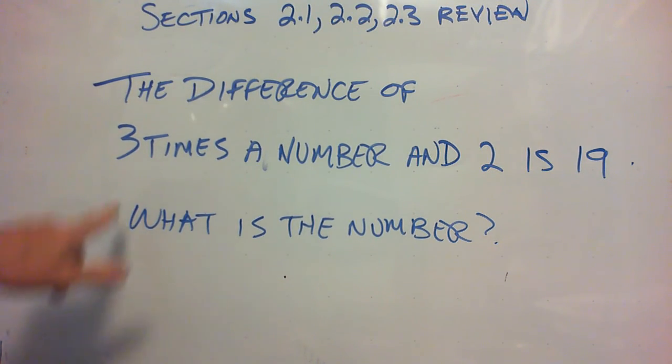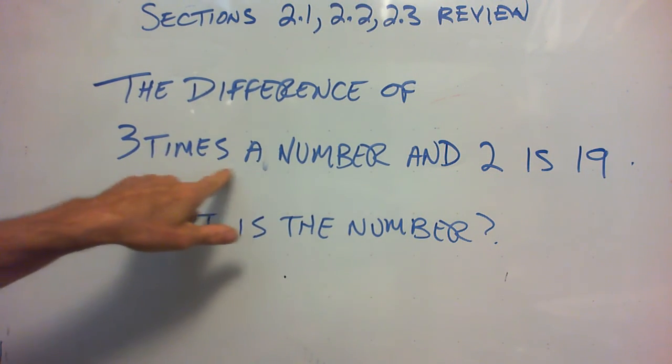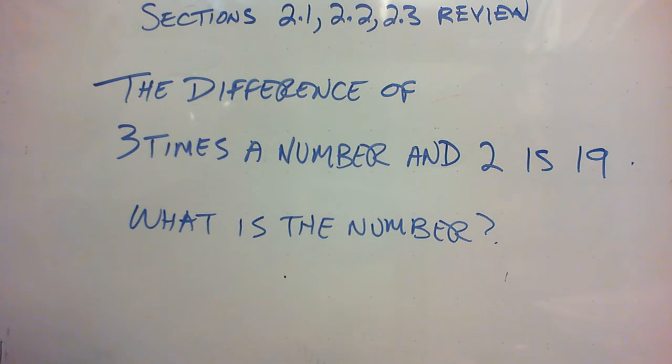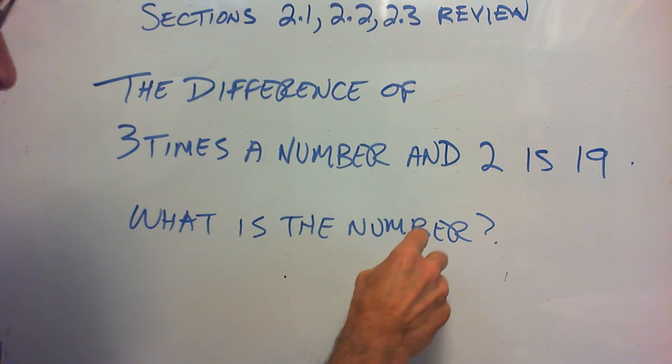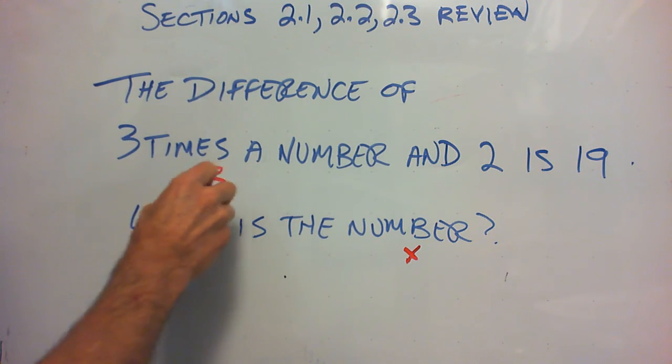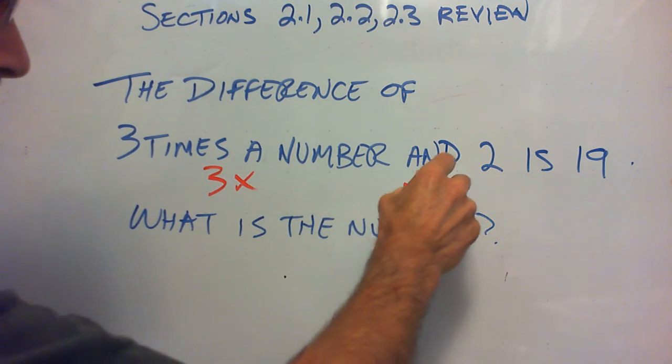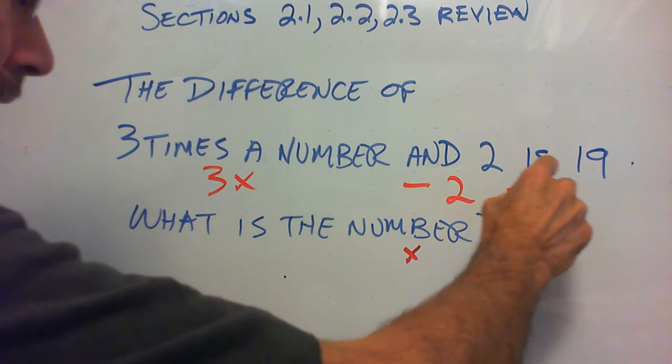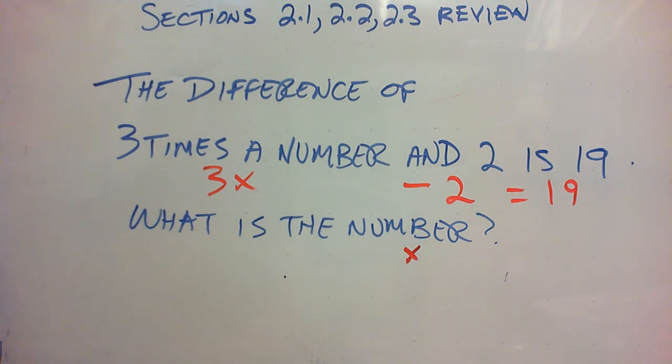Okay, here's a problem using the word "difference of." Now, difference of means subtract. The difference of 3 times a number and 2 is 19. So if we let x equal the number, our equation here is 3x minus 2 equals 19.